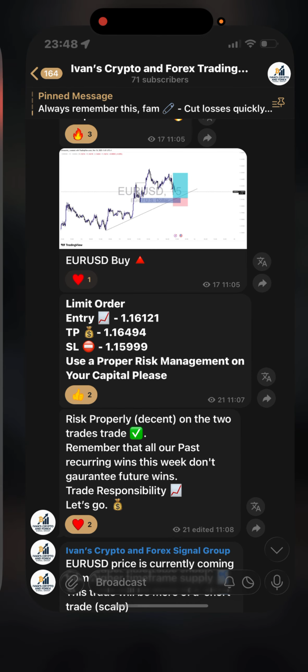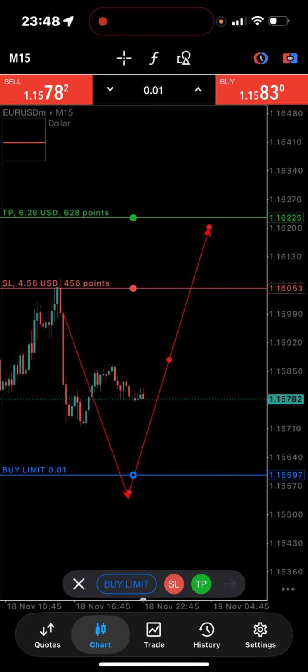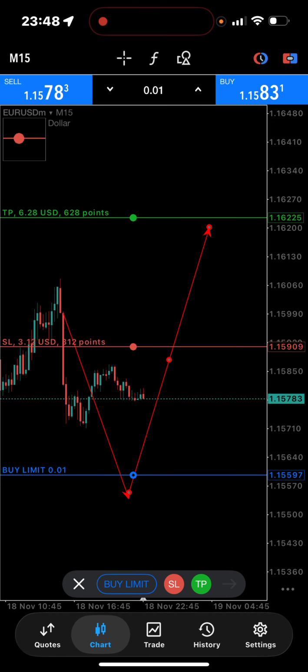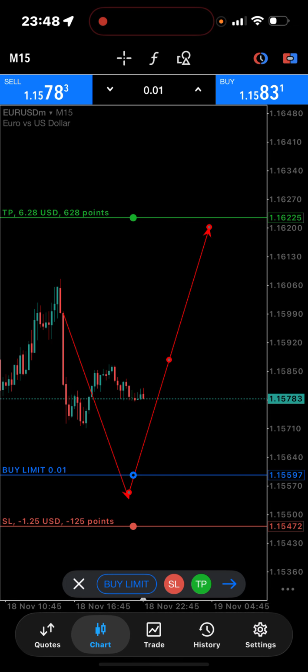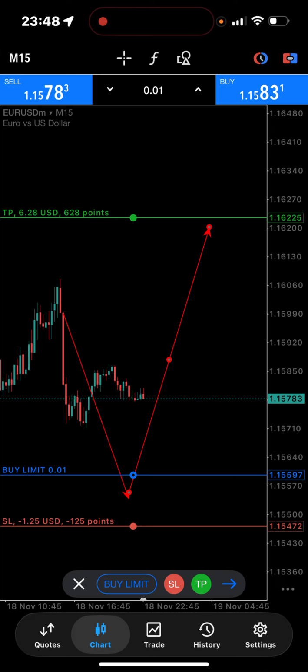If I say 1.1599, but we can't place it there because 1.1599 is all the way here. So let's say I said SL is 1.15472. So now this is the price you place it at, 1.15472. Let's say that's what I dropped on the signal for that trade. So you place it here.